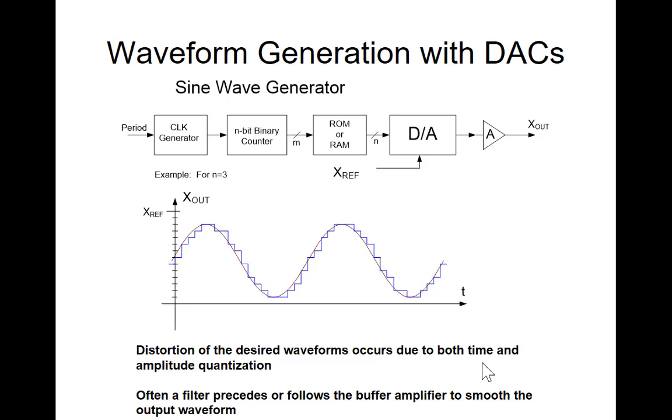I can take the output of this waveform and run it into a low-pass filter, and that will pretty much take out these effects that we have here. Also, our DACs are usually not designed to drive a very heavy load. So the output buffer and filter will allow you to load down your output waveform without causing problems with screwing up the characteristics of the DAC.